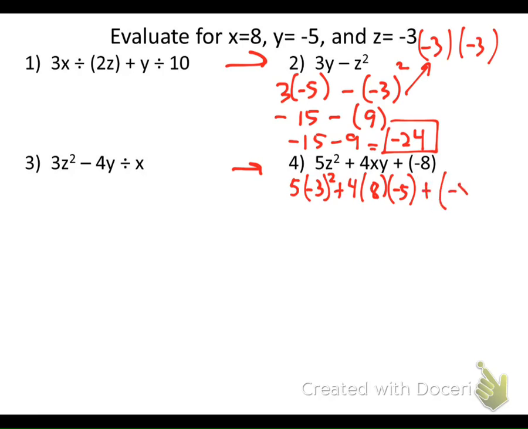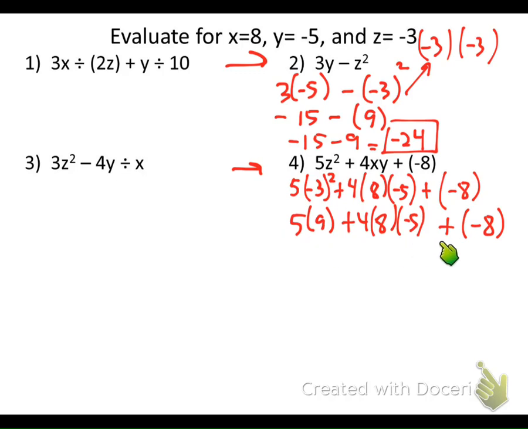Plus -8. So, parentheses, exponents. I see exponents. I see a -3 squared. So that's going to be 5 times 9 plus 4 times 8 times -5 plus -8. Now, some of you might be getting confused here because there's a lot of parentheses. Well, do the ones that are next to each other first.